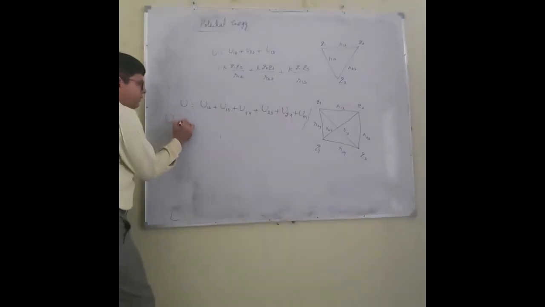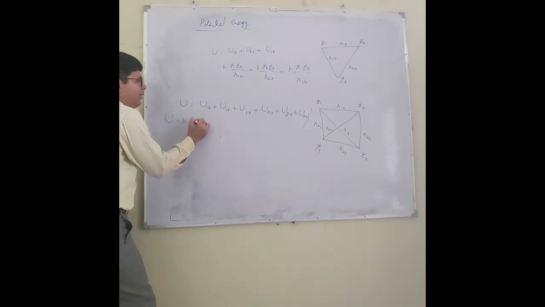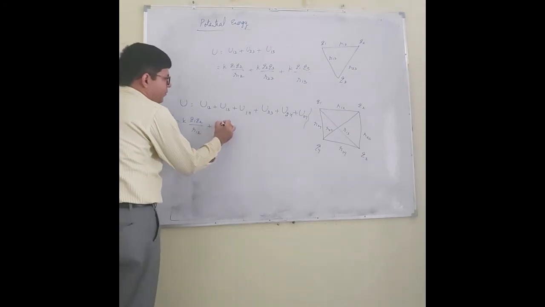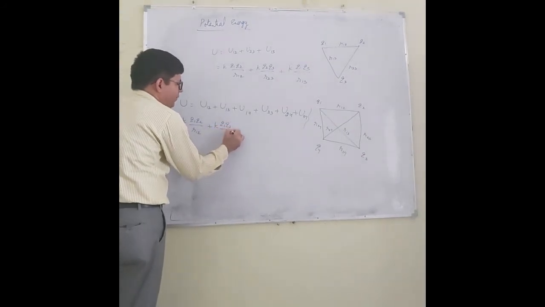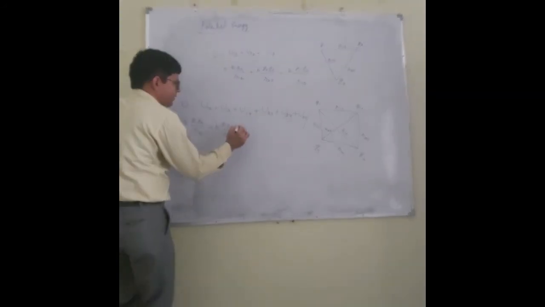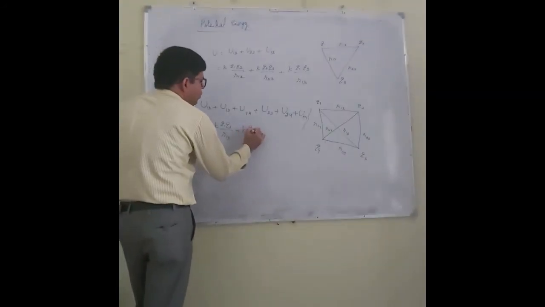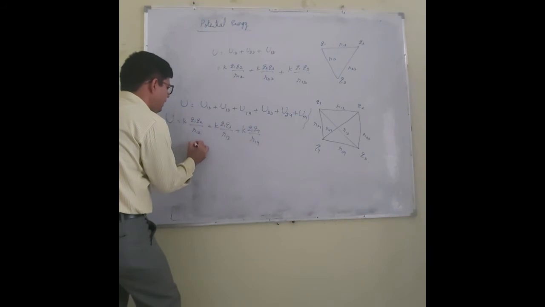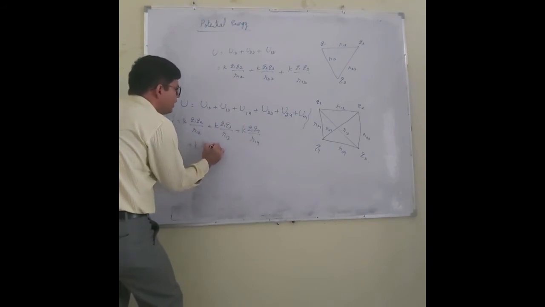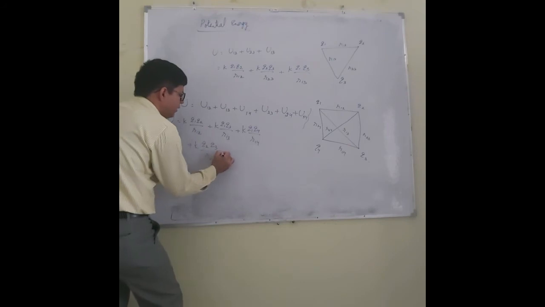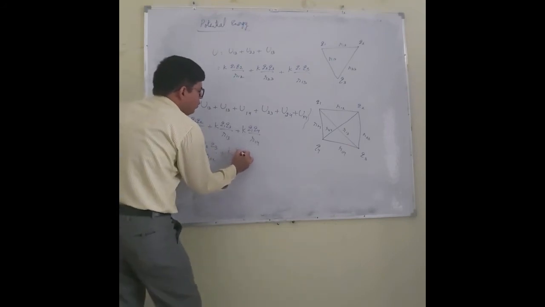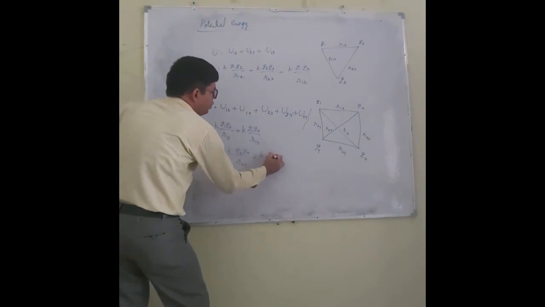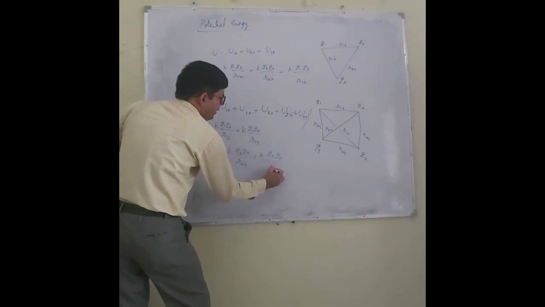Here U is K Q1 Q2 divided by R12, K Q1 Q3 divided by R13, K Q1 Q4 divided by R14 plus K Q2 Q3 divided by R23 and K Q2 Q4 divided by R24, K Q3 Q4 divided by R34.